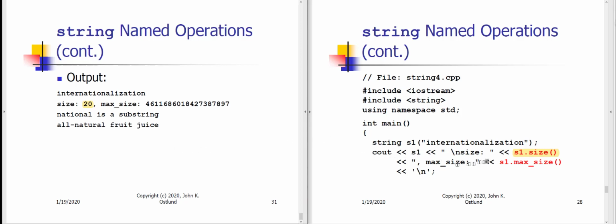Now the max size is the maximum size of a string that I could conceivably have within this string class in the library. And s1.max_size gives me back this outrageously huge number. I think it's about 4.6 quintillion, if I'm not mistaken.